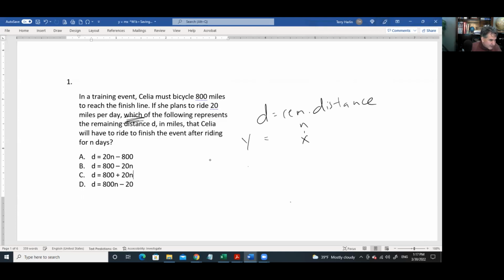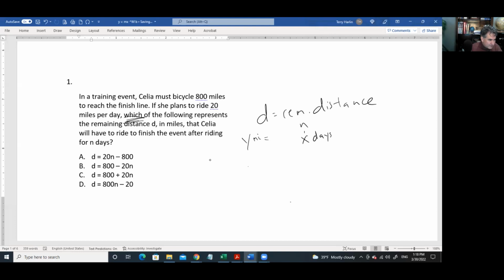All right. Now let's go back to the beginning of the actual question. If she plans to ride 20 miles per day, 20 miles per day, that's a rate. So this distance is going to be in miles. N here is going to be in days.